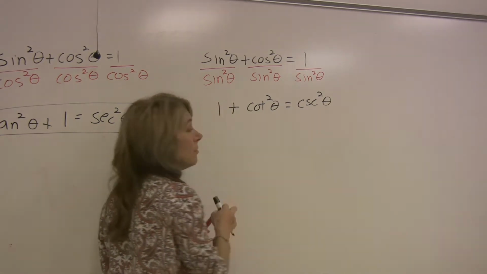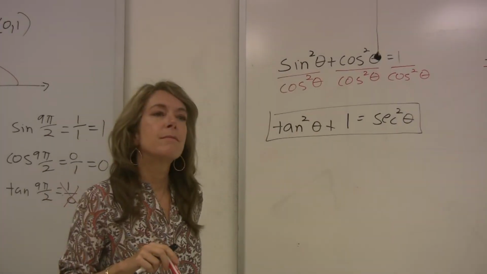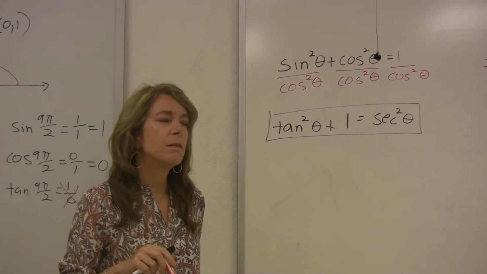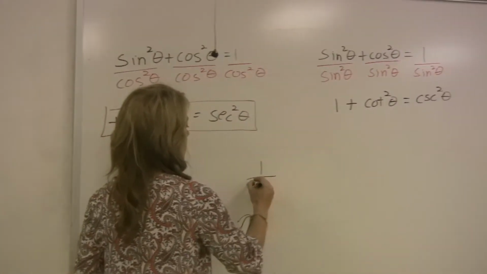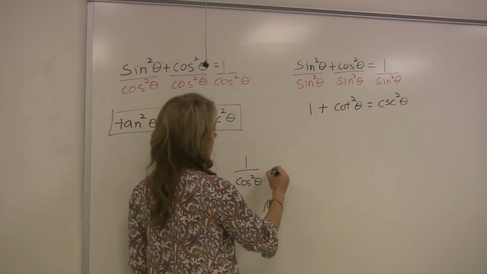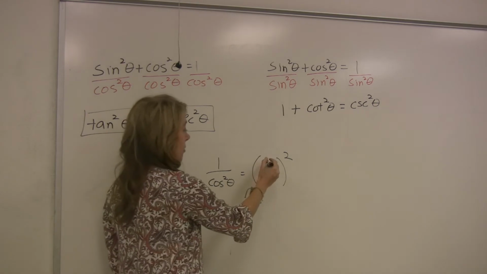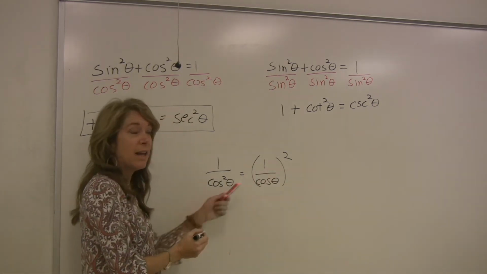Do you have a way to memorize the 1 over cosine or 1 over sine? Or you're just doing the r over? What do you mean the 1 over cosine? I mean, 1 over cosine squared theta, I don't see immediately that that's secant squared. Ah, okay, so when you see 1 over cosine squared here, you want to think of what fraction was being squared. So that means I must have been squaring this, and there's your secant.